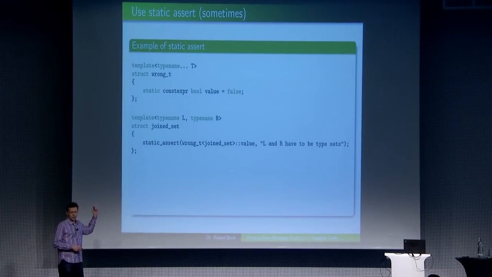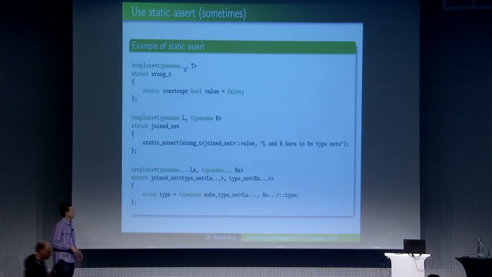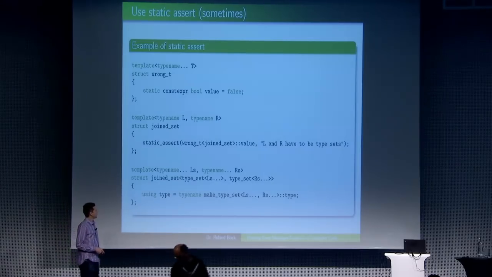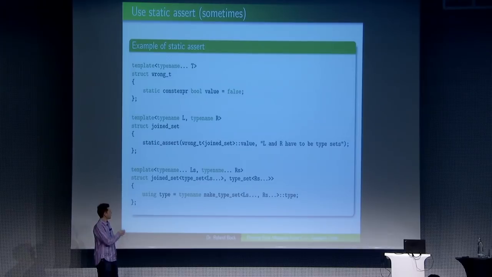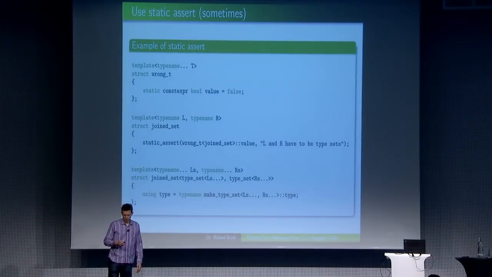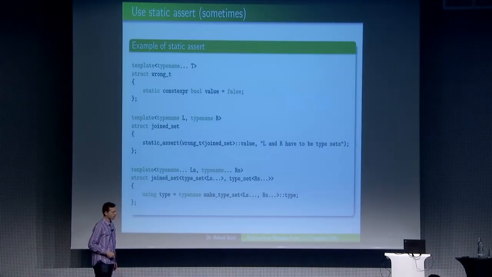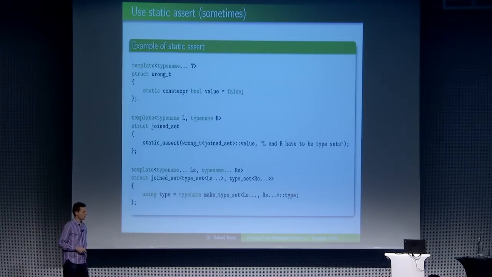Whenever this is instantiated, it tells the user that both arguments have to be typesets. And the golden path is, if you have typesets, then you can use partial specialization to say, this is a joint set for two typesets, and then you can create the joint set. Right? So I think this is a good usage of static_assert.